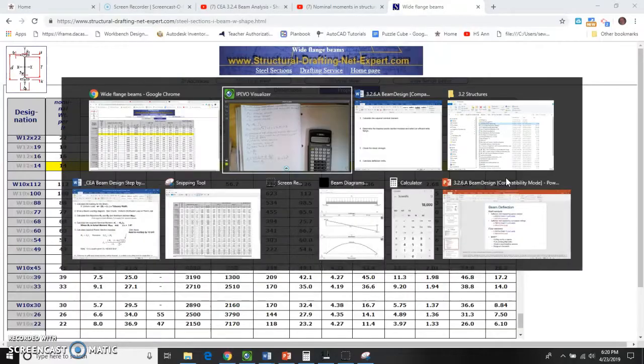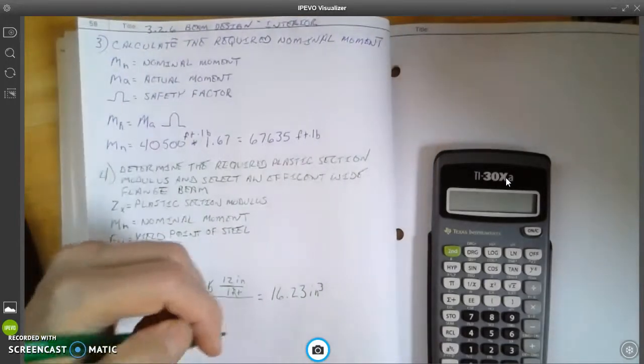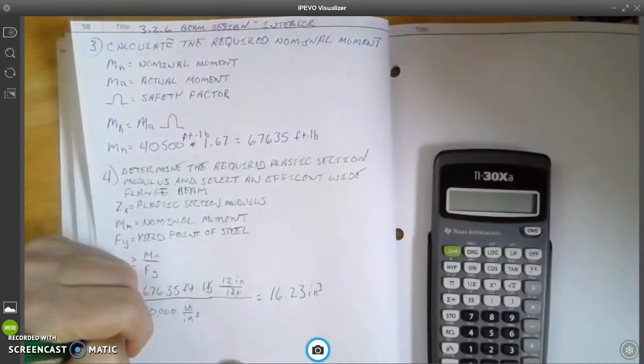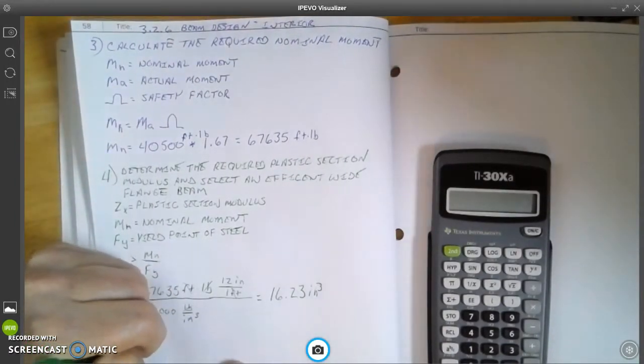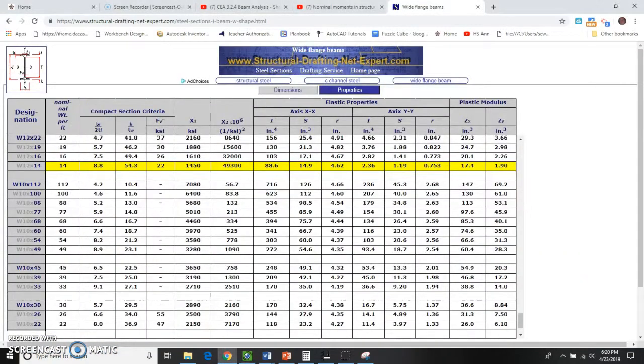So back on my sheet here, I'm going to write this beam's name down here, and this is going to be a W12 by 14.